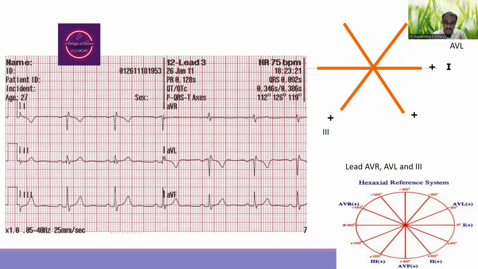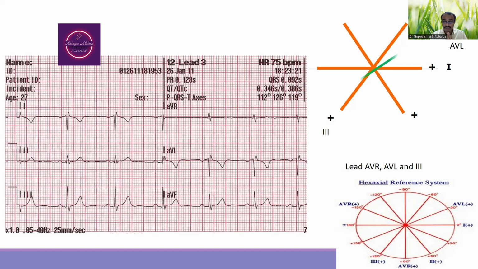When you think about this, the electrical axis is moving towards lead 3. As the value is considered to be minus 150, minus 90 means what?